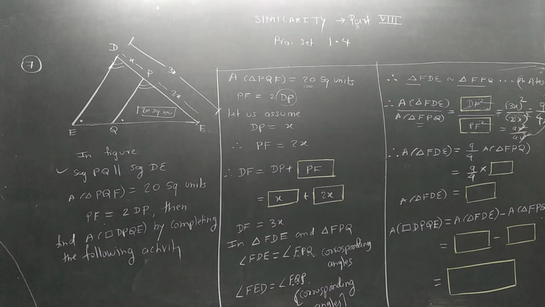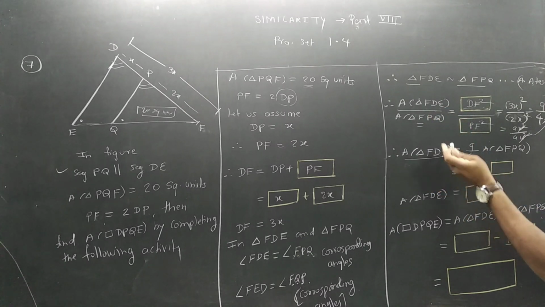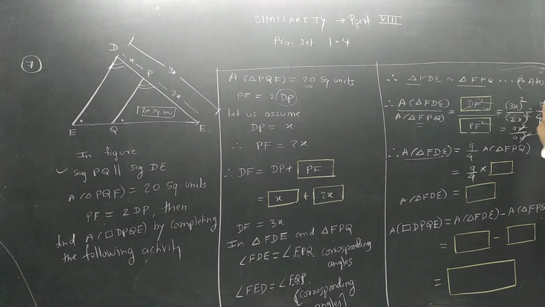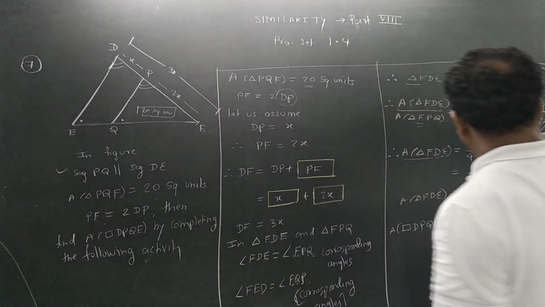So ultimately, area of triangle FDE upon area of triangle FPQ is equal to 9 upon 4. But FPQ का वैल्यू दिया हुआ है, देखो PFQ is 20 they have given. Is it right?